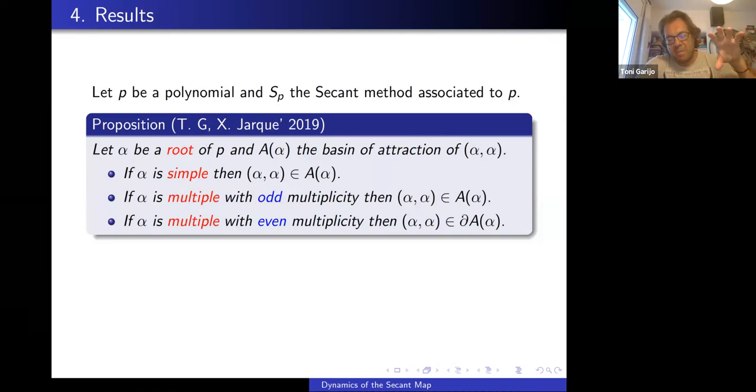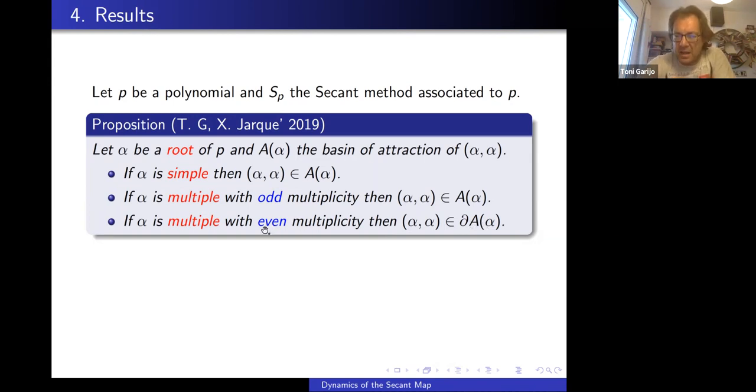So a simple root attracts with more speed than multiple roots. But in this case, if alpha is a simple root, the point belongs to the interior of the basin of attraction, but the case when we have a multiple root depends on the multiplicity. For odd multiplicity, yes, but for even multiplicity, the point belongs to the boundary. It's more or less like a parabolic point.